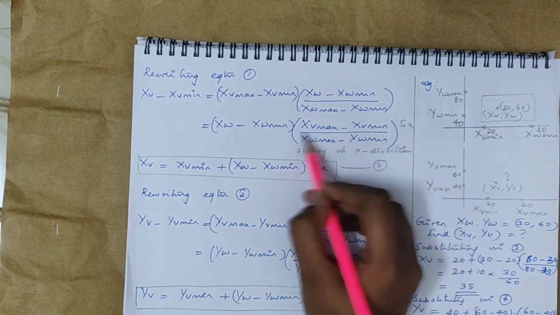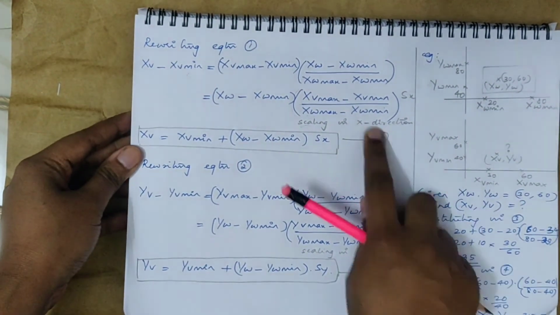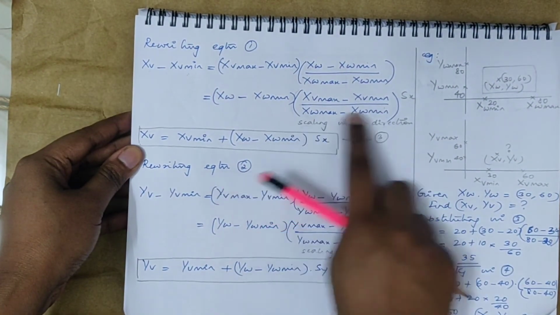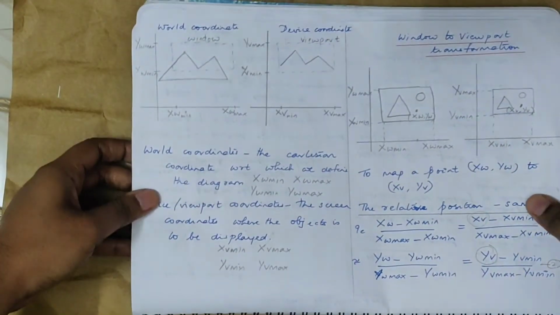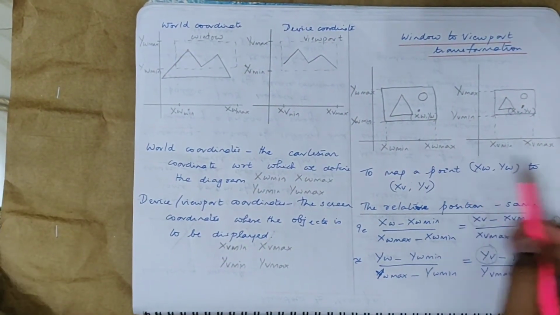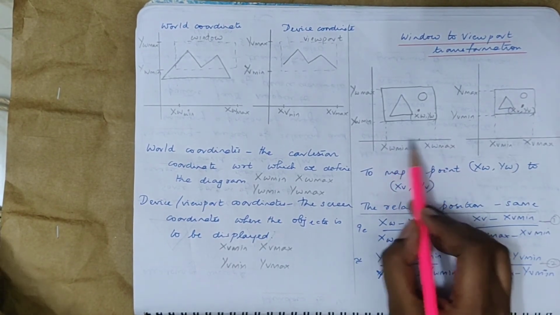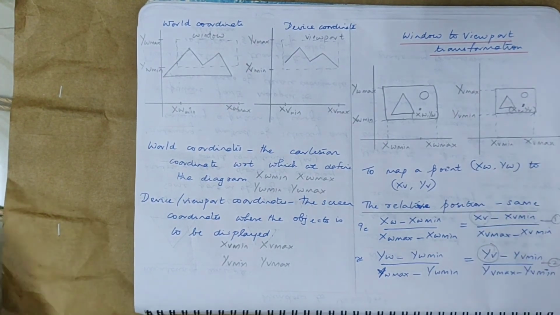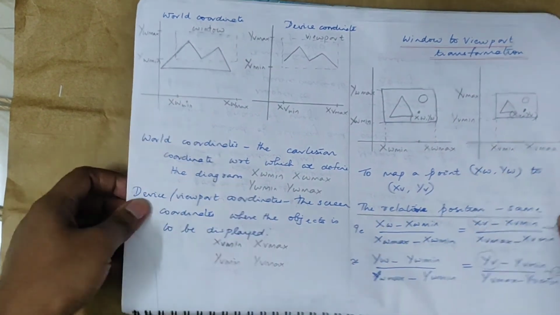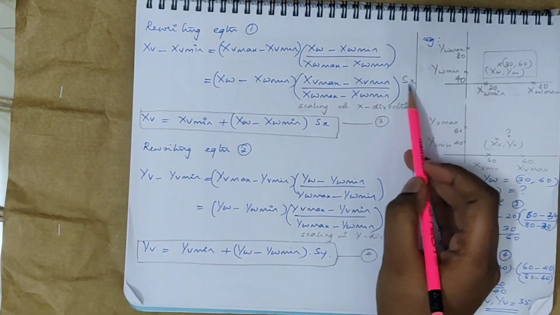This is nothing but the difference in x direction, xv max minus xv min divided by xw max minus xw min. You call it a scaling factor, which I can write as Sx.